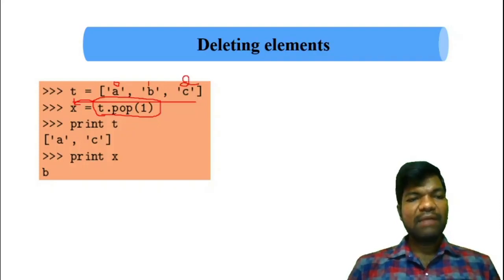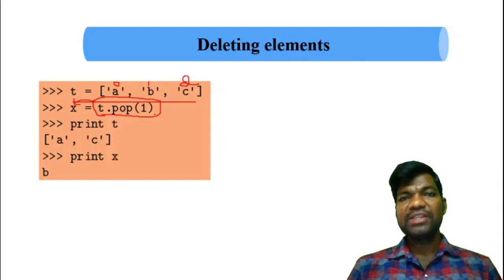Now I am deleting the element whose index value is 1. What is the element at index 1? B. So that will be deleted, and it is assigned to the variable X.